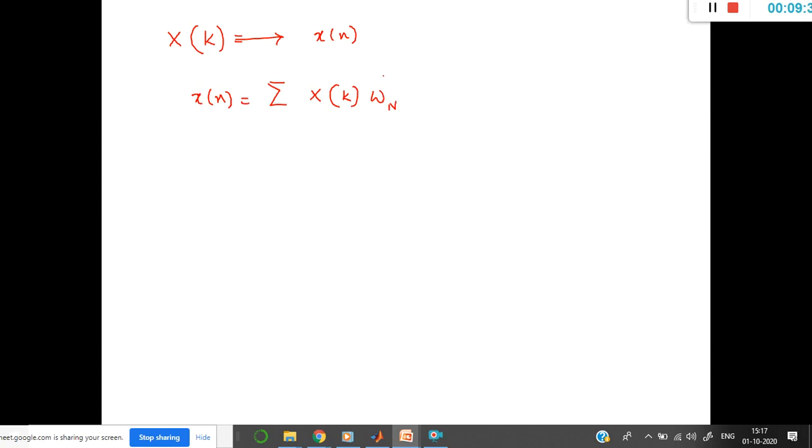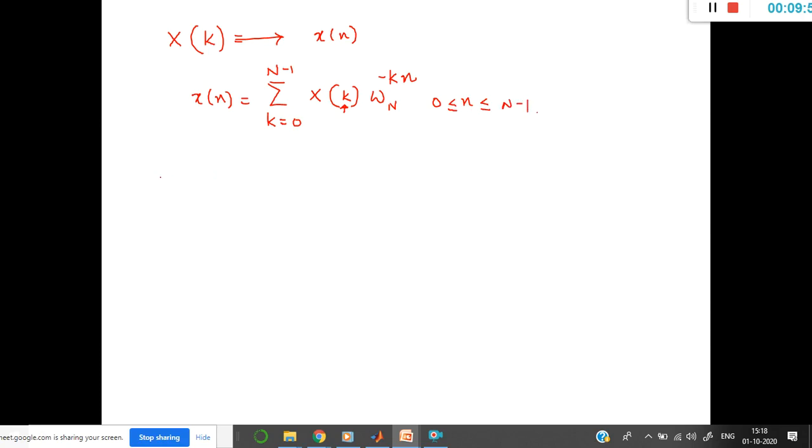So here Wn complex conjugate, so it is Wn to the power of minus kn. Where once again the summation runs with respect to k from 0 to N minus 1. And again the small n value will be in the range of 0 to N minus 1.